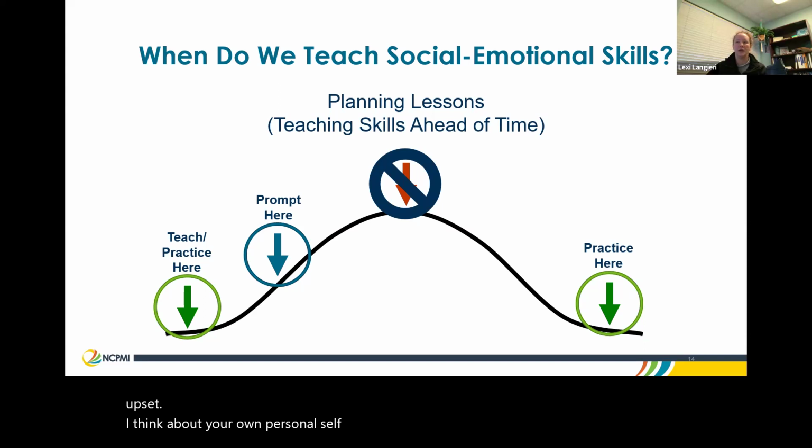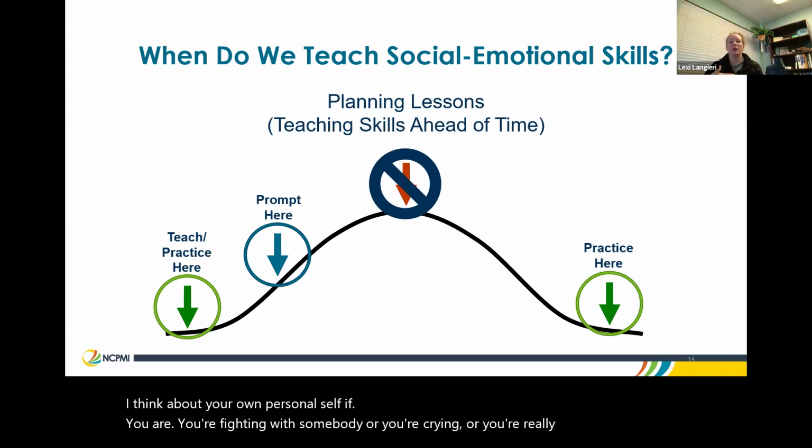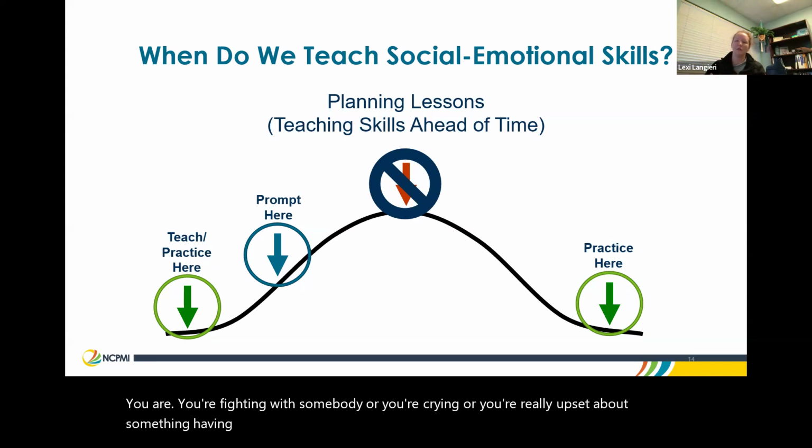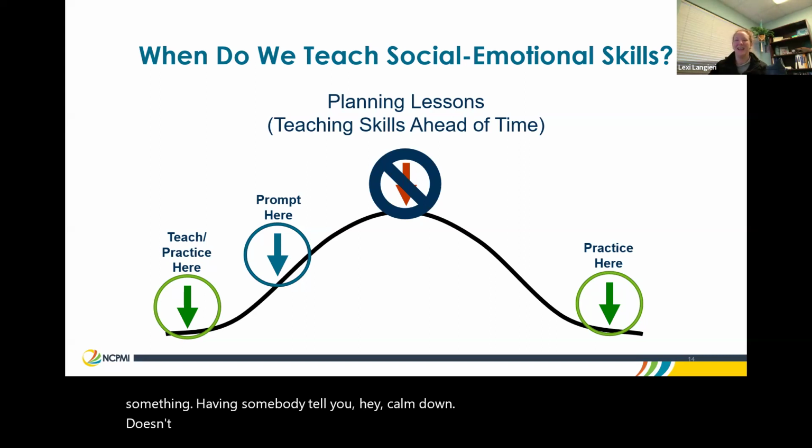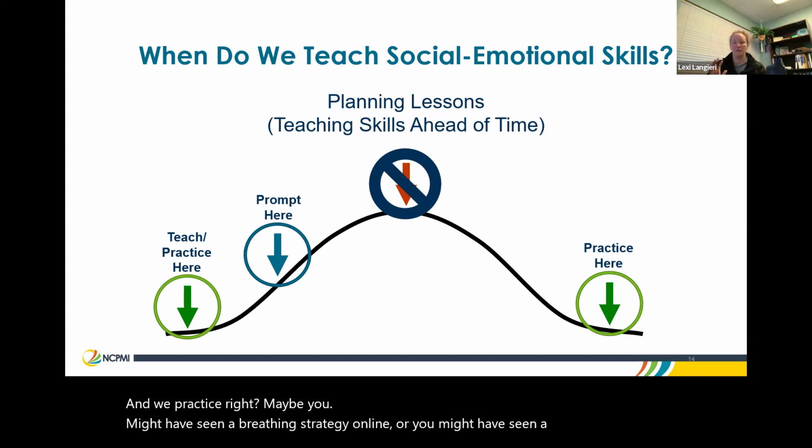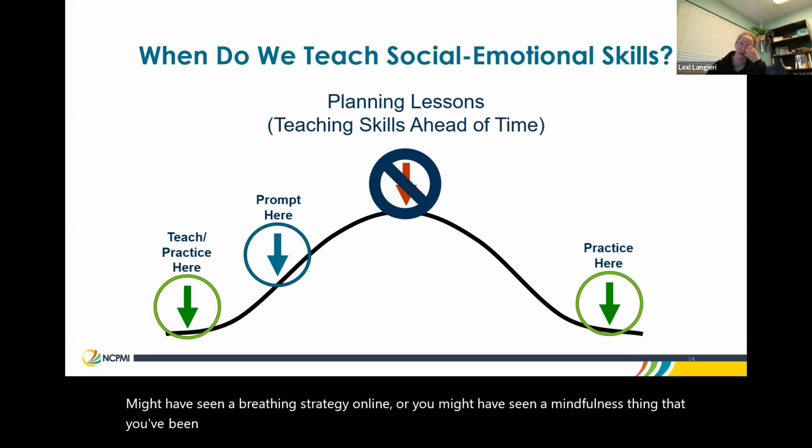If you're fighting with somebody or you're crying or you're really upset about something, having somebody tell you, hey, calm down, doesn't really work. But if we've been taught, and we practice, right? Maybe you might have seen a breathing strategy online, or you might have seen a mindfulness thing that you've been practicing a couple of times a week now.